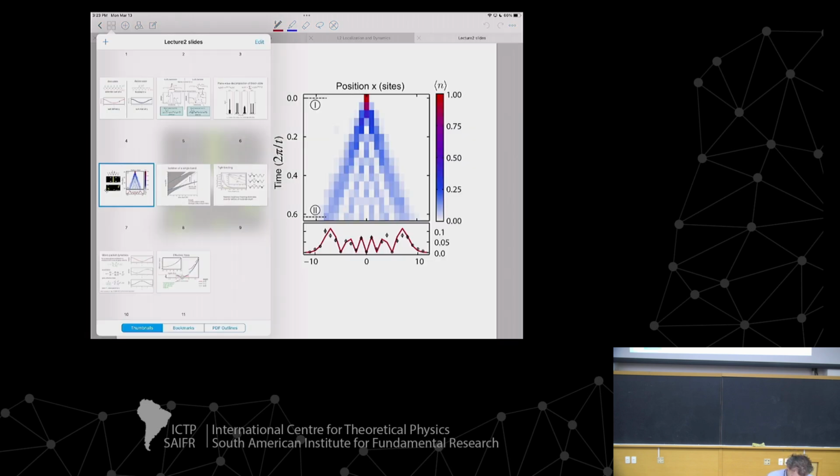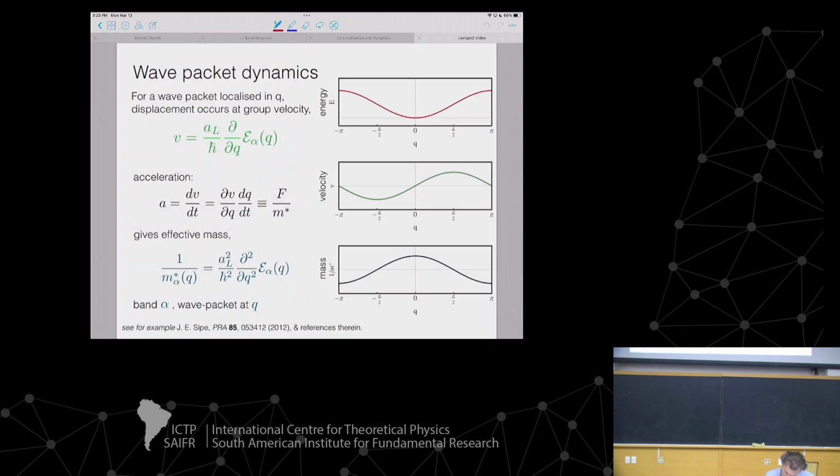I can show you. If I took the tight binding relation, okay, so this is tight binding here, then you know that this whole bandwidth is 4 times tunneling. And then you know that this distance in quasi-momentum is, in the units I've been using in this lecture, pi over a_L.